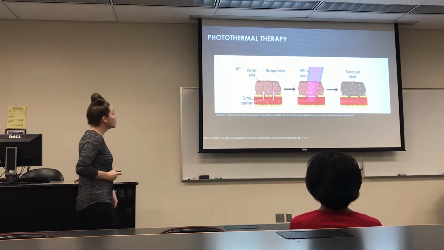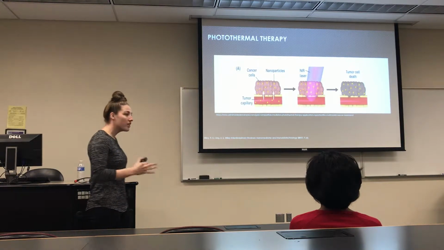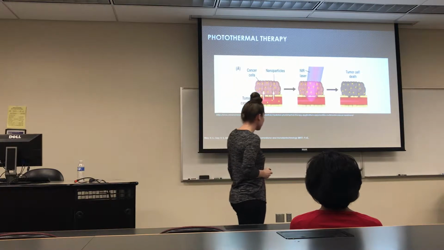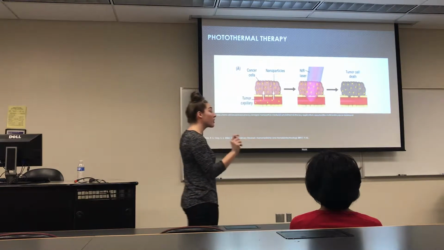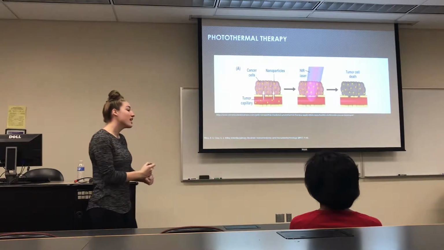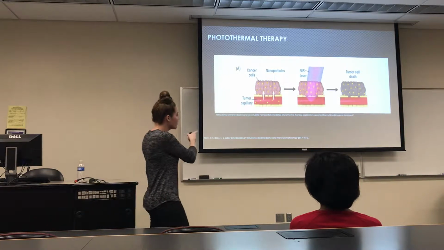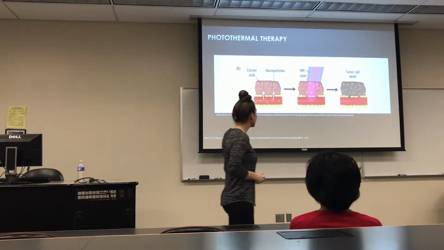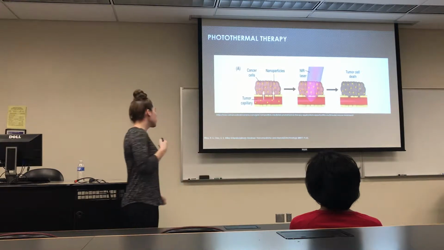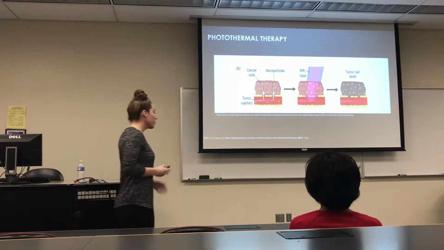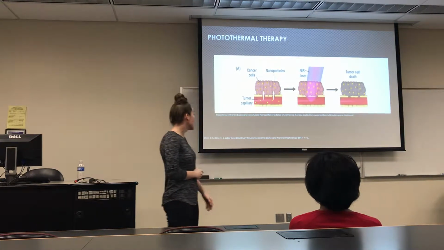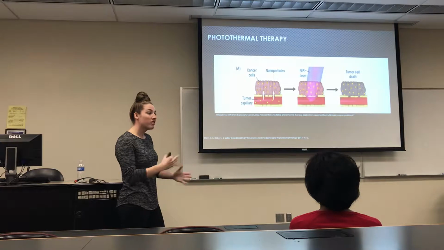And a byproduct of that vibrational energy is heat. So what we do is we induce an increase in temperature within those tumor cells that eventually induces apoptosis and tumor cell death. However, aggregation is very important because we need to be able to create enough energy and have enough of those nanoparticles concentrated in that area to actually increase the temperature enough to get cell death. And primarily the reason we might want to employ an alternative cancer treatment such as this is because it gives a lot more specificity and targeting.